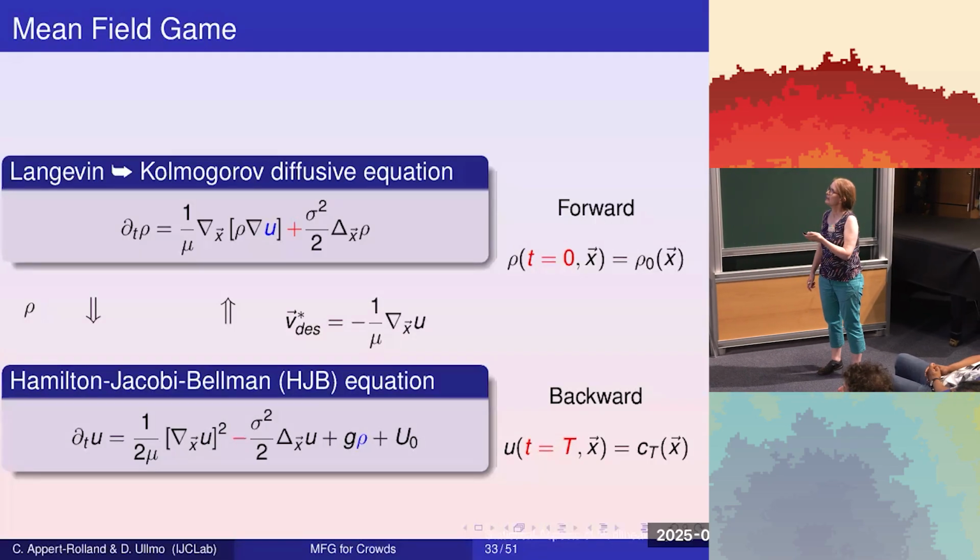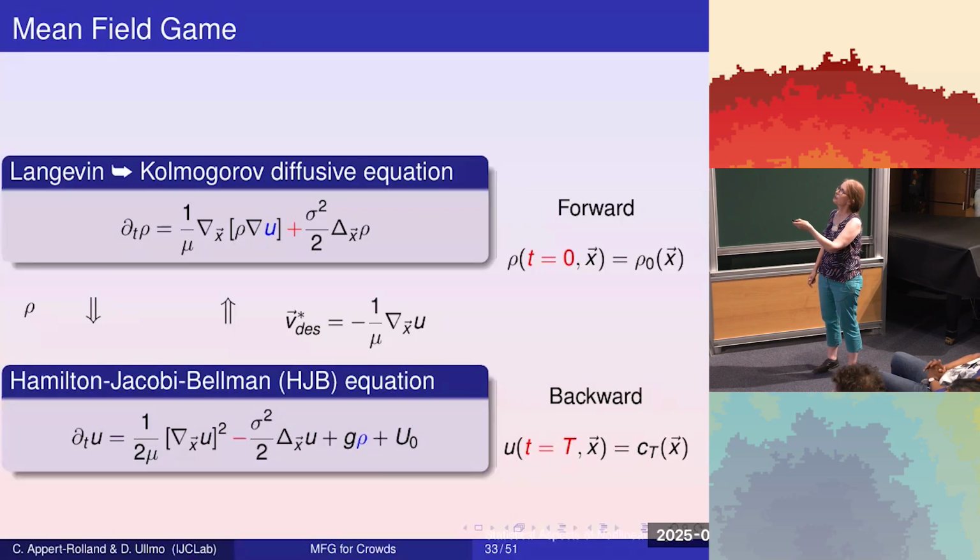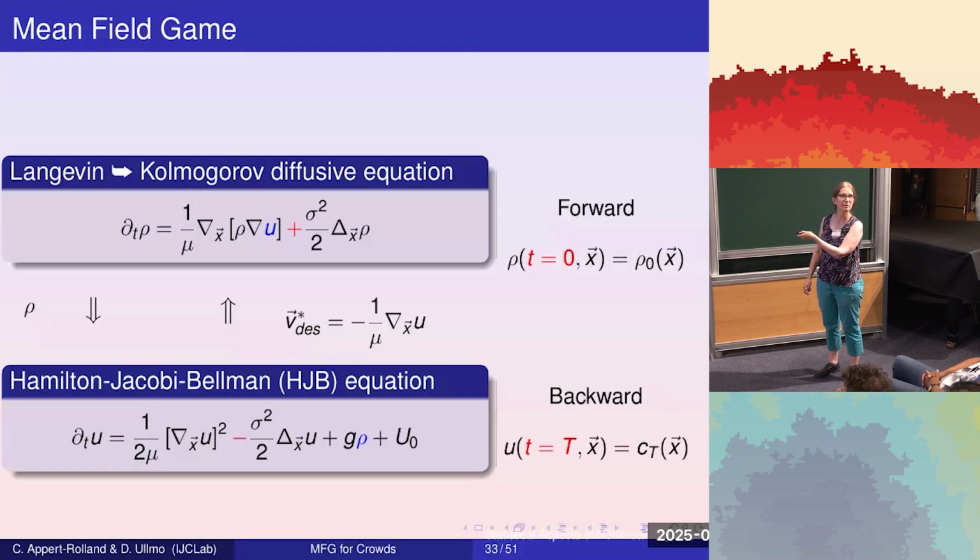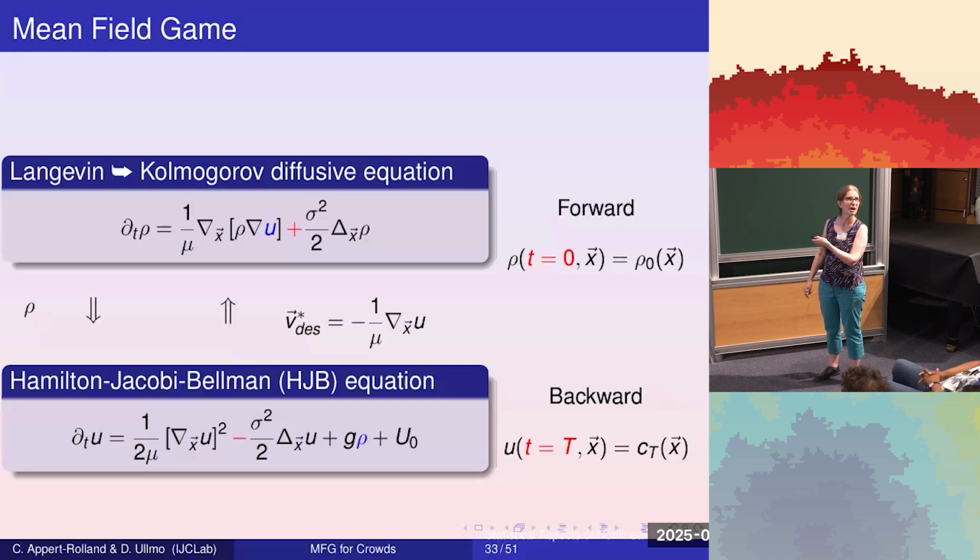So that's fine. But you can notice that one equation is forward in time, as usual, with the normal plus sign in front of the Laplacian. But the other one has a minus term in front of the Laplacian. So it's an equation backward in time. And you see it also from the boundary condition.